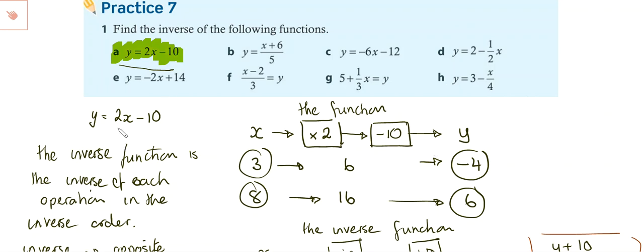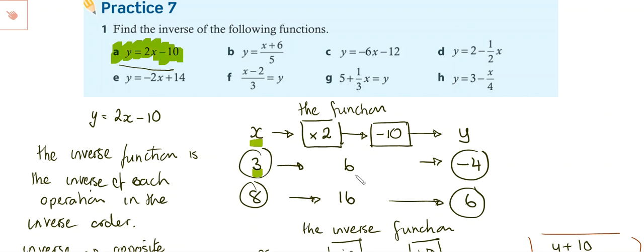In this one, y equals 2x minus 10, we put x in, the first thing we do is times 2, then we subtract 10. If I'm unsure, what I do is think what happens if you substitute in, yeah? If you substituted 3 in, what would you end up with?